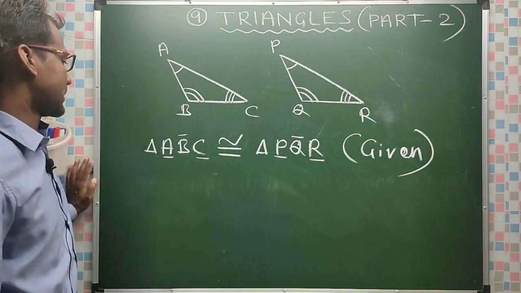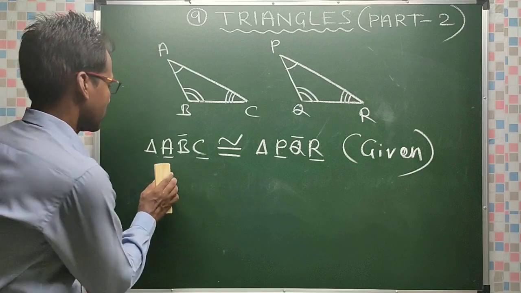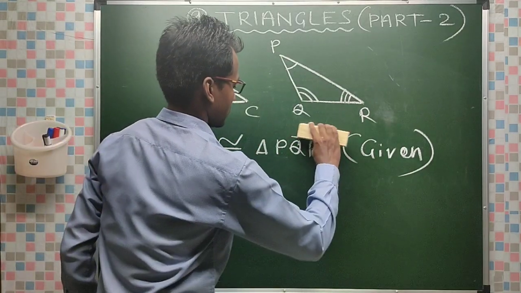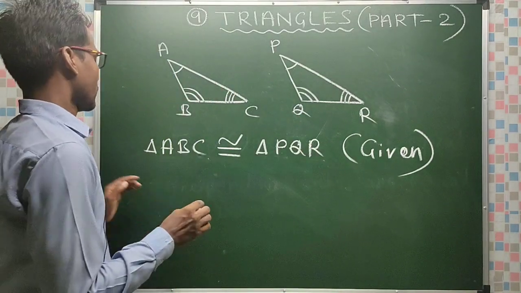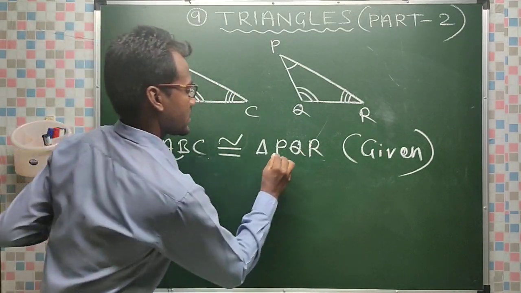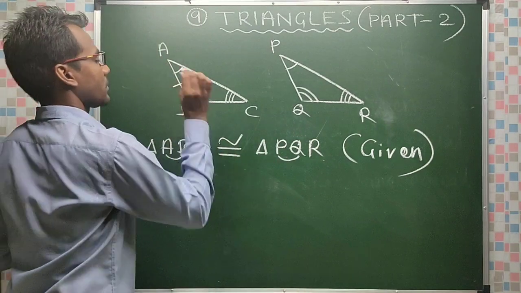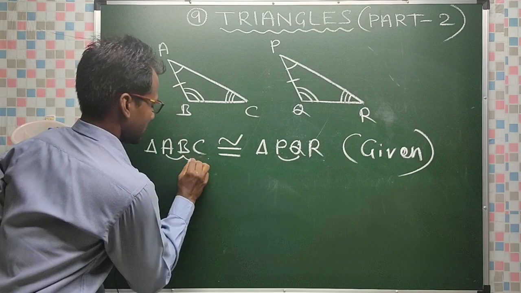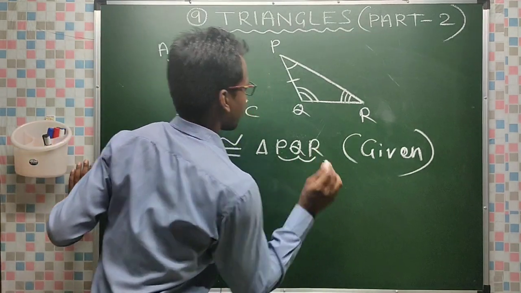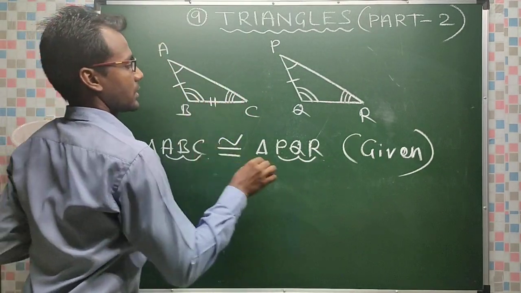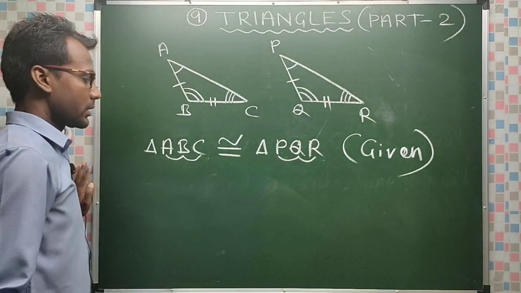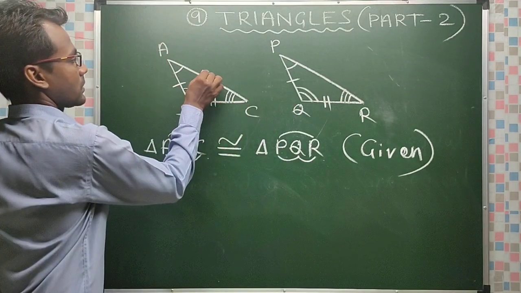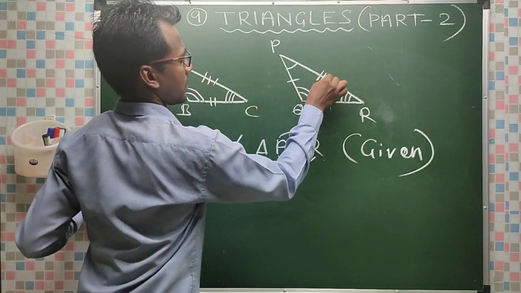Then we can get the sides. We can say AB is equal to PQ. Then we can say BC is equal to QR. Last one is AC is equal to PR.